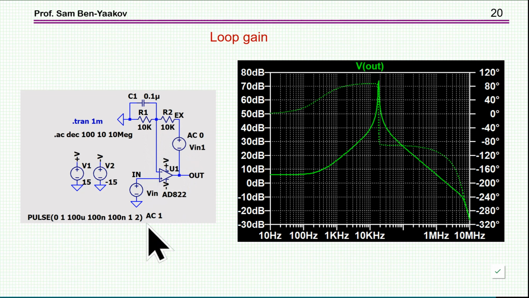Now, if I run just an AC analysis, as I did before, I see that indeed the gain is increasing at higher frequency, because this becomes a low impedance, and therefore the gain is becoming larger and larger. But there is some funny thing here, and to examine this, I'd like to look at the loop gain of this circuit.